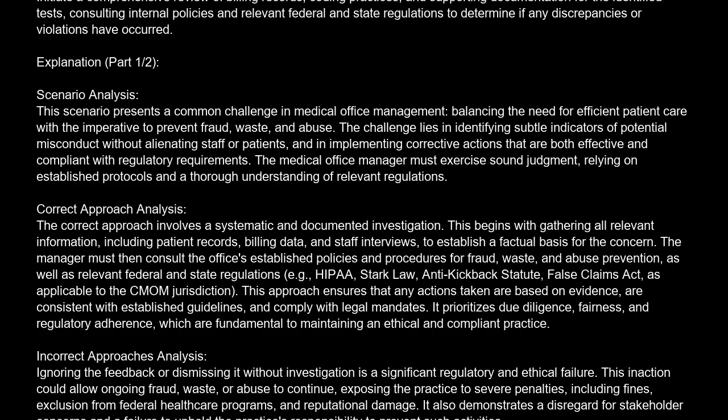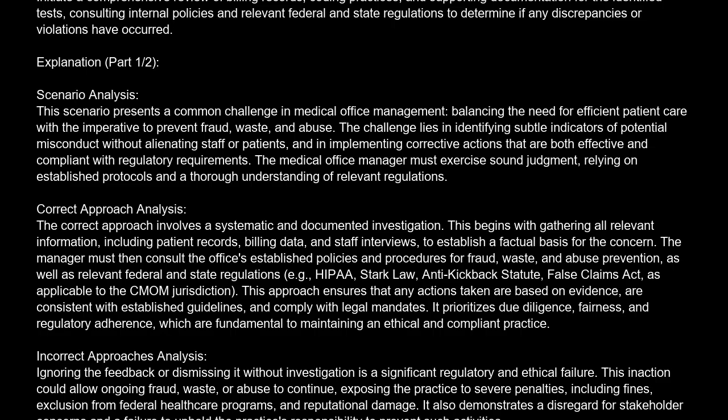This approach ensures that any actions taken are based on evidence, are consistent with established guidelines, and comply with legal mandates. It prioritizes due diligence, fairness, and regulatory adherence, which are fundamental to maintaining an ethical and compliant practice.